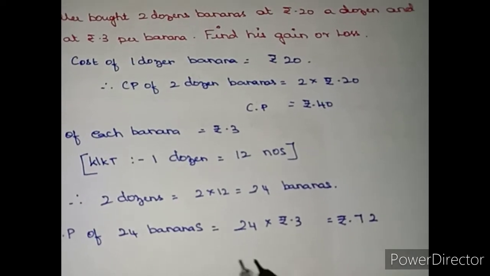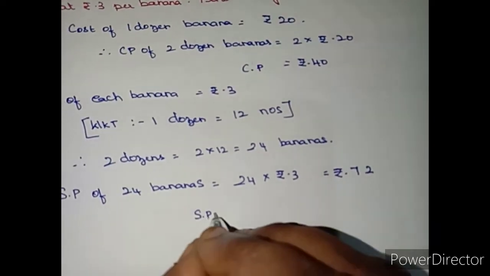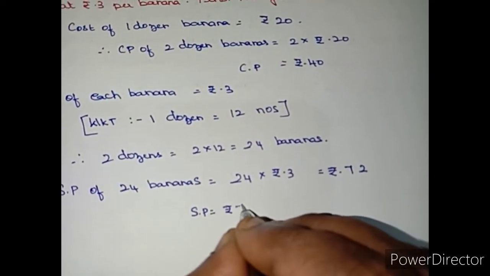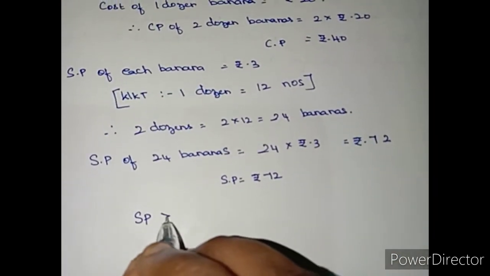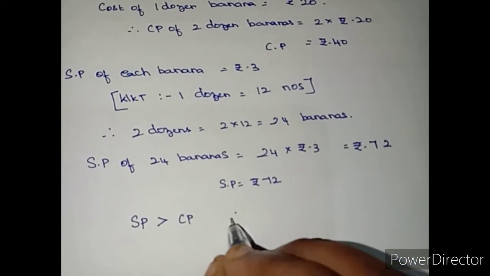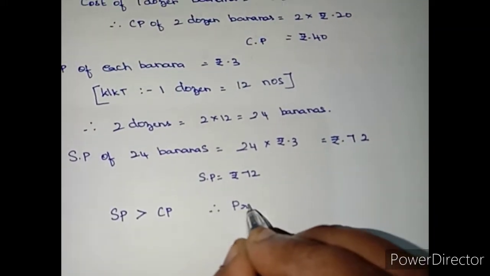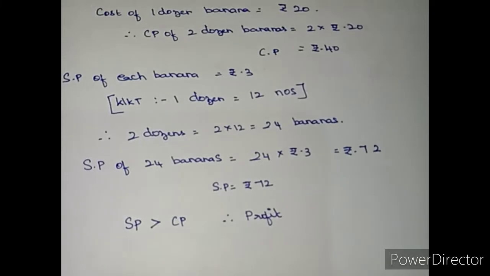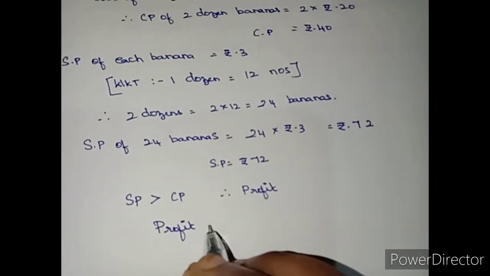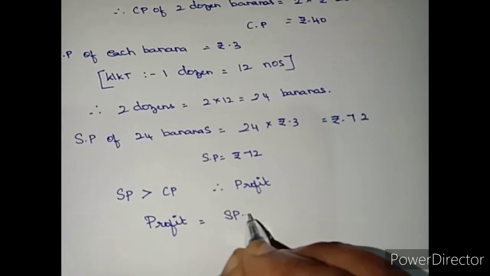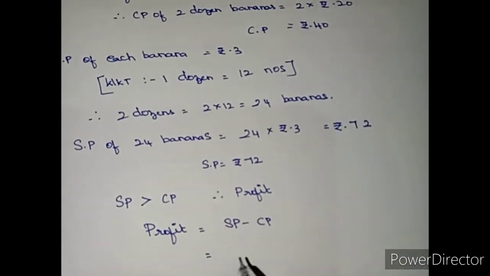So SP is 72. So SP is more than CP. Therefore, it is a profit. Formula for profit: SP minus CP.